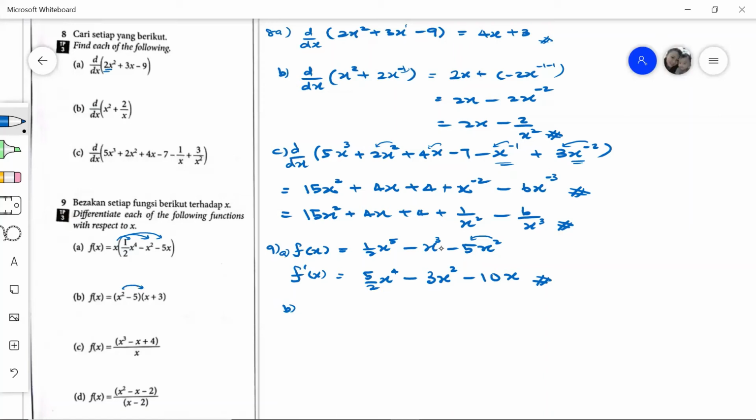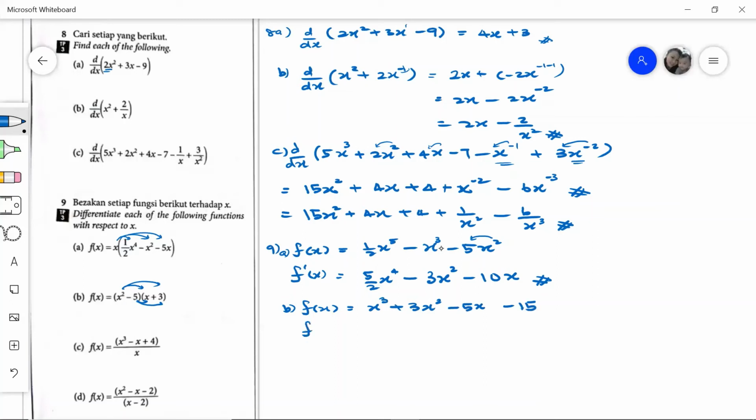Yes, we expand this first. So f(x) equals x cubed plus 3x squared minus 5x minus 15.